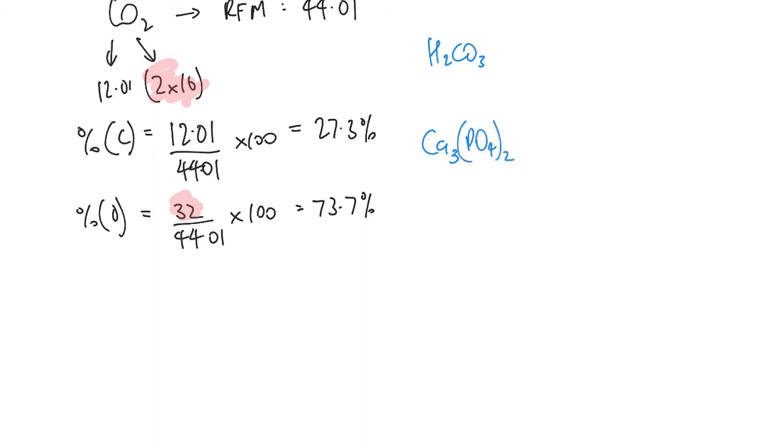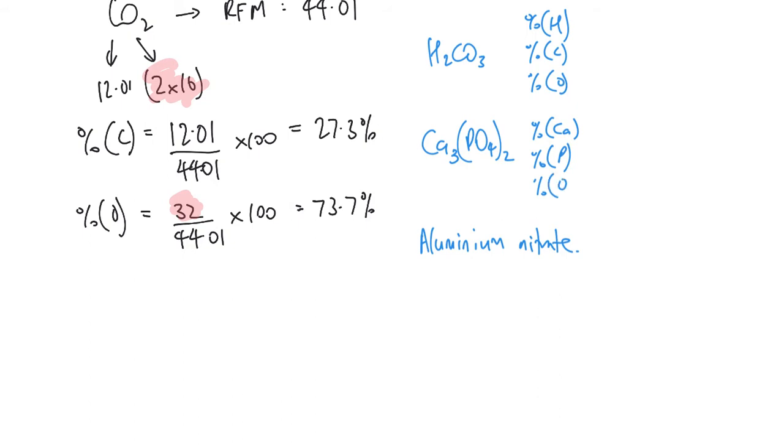And let's do aluminium nitrate. Okay, so you need to work out the percentage of each element there. Percentage of hydrogen, percentage of carbon, percentage of oxygen. Right, for this one it'd be the percentage of calcium, percentage of phosphorus, and percentage of oxygen. And then you can work out that one.